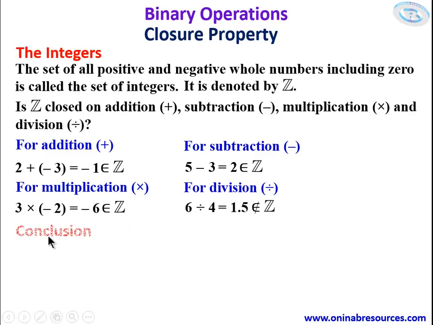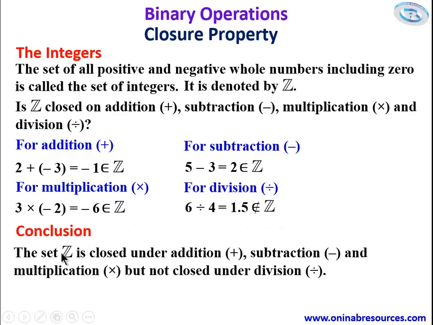So we now make our conclusion that the set Z is closed under addition, subtraction, and multiplication, but not closed under division operation. So we are done with that for integers.